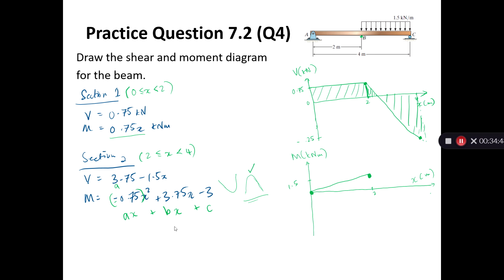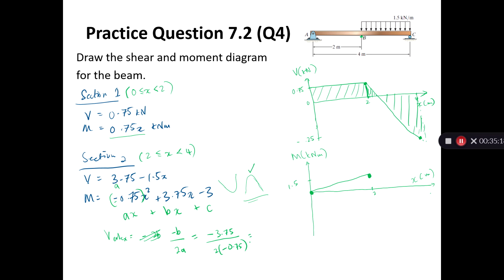The equation is vertex equals minus b over 2a. In this case, minus b is minus 3.75 over 2a, which is 2 times minus 0.75.